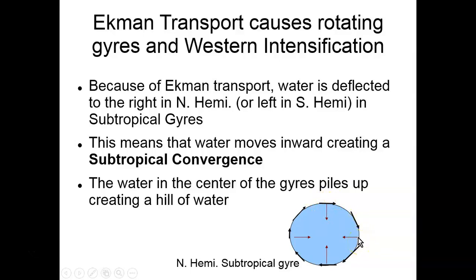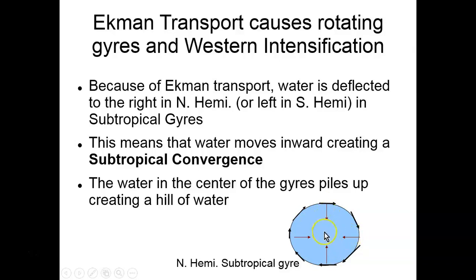Over here, we have a current that's going towards the south. 90 degrees of that would be towards the west. We have this one that is going towards the west. 90 degrees to that would be towards the north. And this one we have towards the north. 90 degrees of that would be towards the east. And therefore, what happens is, not only is this whole thing circulating, but the water is actually piling up in the center, creating what we call the subtropical convergence.